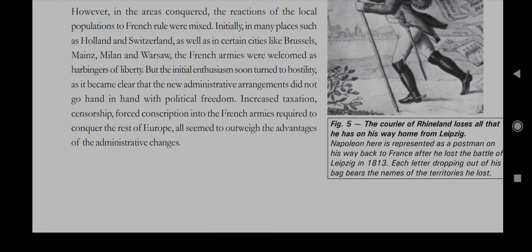Now, what is a harbinger? It's the bringer. So you can think the French armies were welcomed by other countries: yes, they are going to free us. They are the harbingers of freedom.